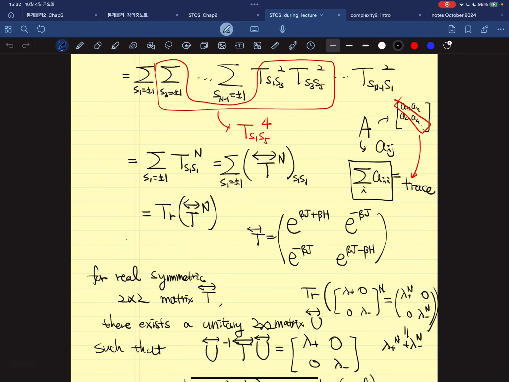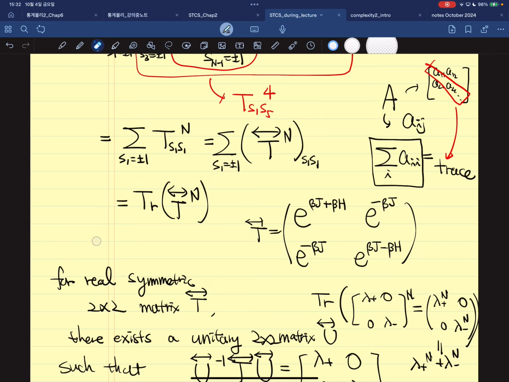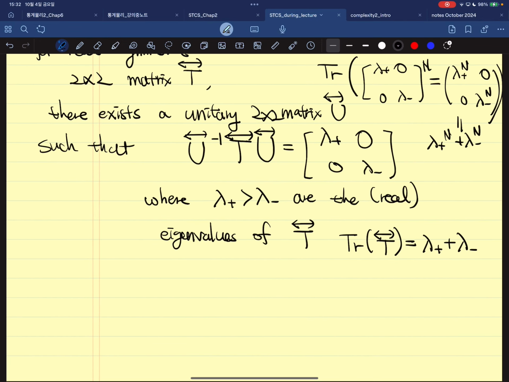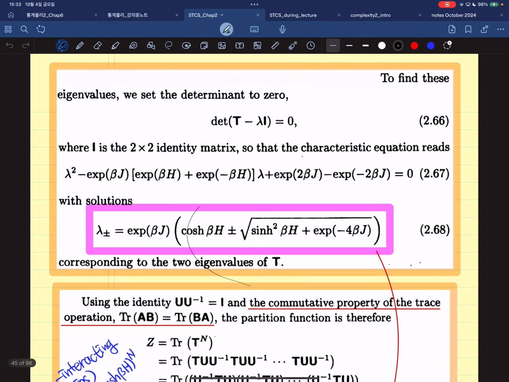Because of this argument, now the whole process of calculating the partition function becomes this. Since the eigenvalues are here, this may look very complicated, but luckily we will be interested in the h goes to 0 limit.